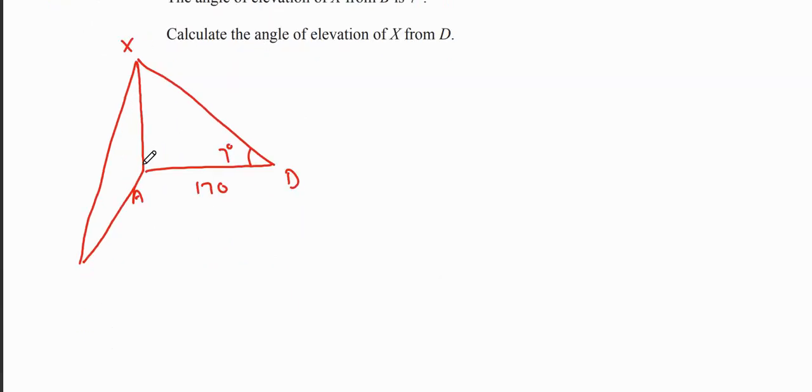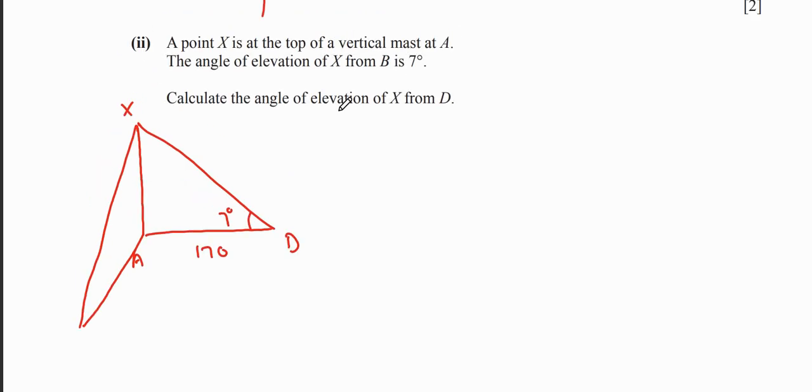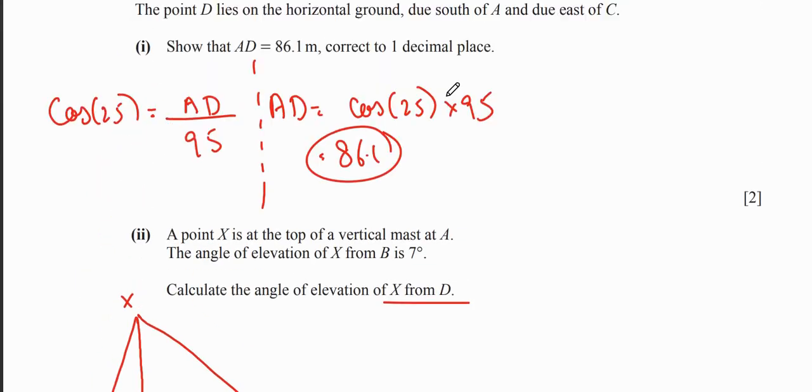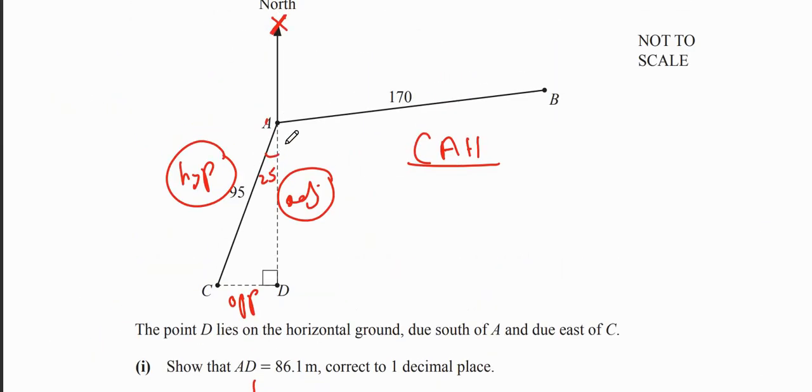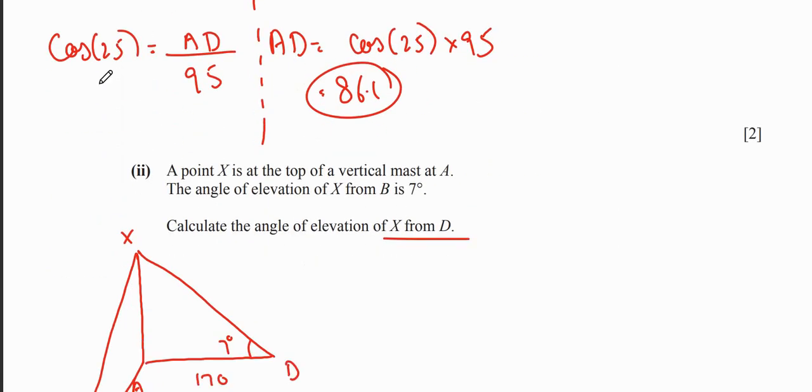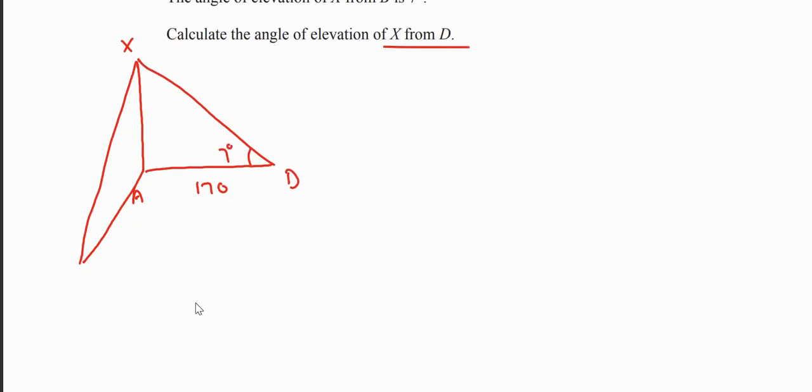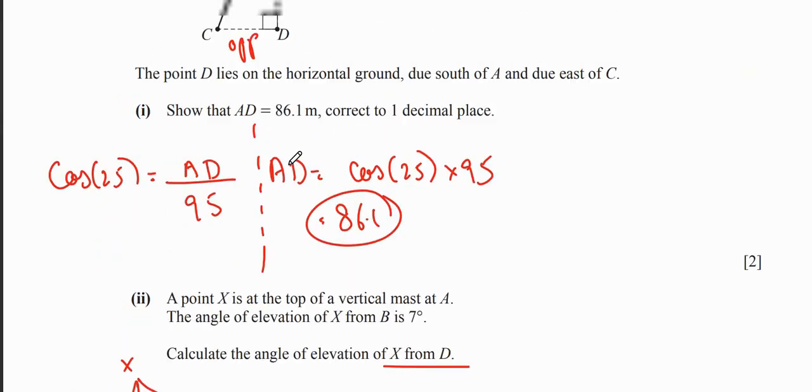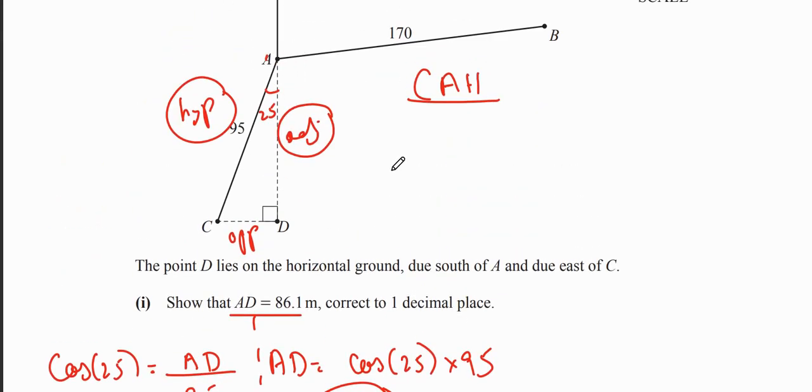All right, so now the question is basically asking you to calculate the angle of X from D. If you look at the question, they're asking you to find from D. So this is the point D actually. Use your graph to first find AX because we already know the value of AD, which is 86.1.